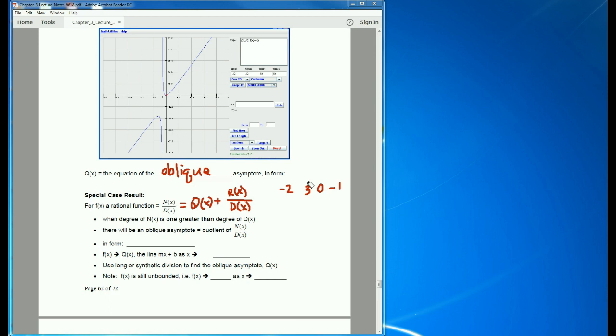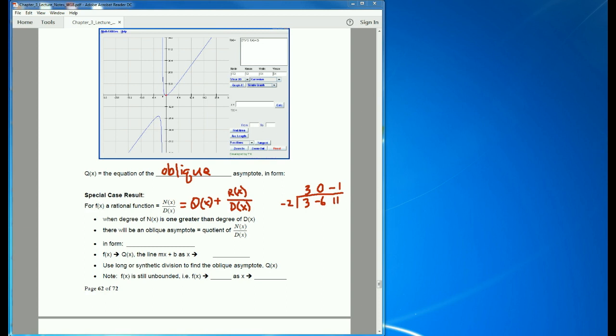Obviously, that's not where I meant to put my box. I meant to put my box here, and my minus 2 here. Sorry about that. Bring down the leading term, which is 3. Negative 2 times 3 is negative 6 plus 0 is negative 6. Negative 2 times negative 6 is positive 12 minus 1 is 11.